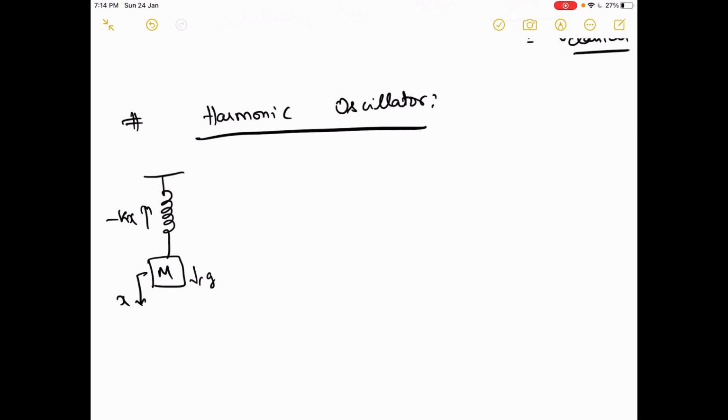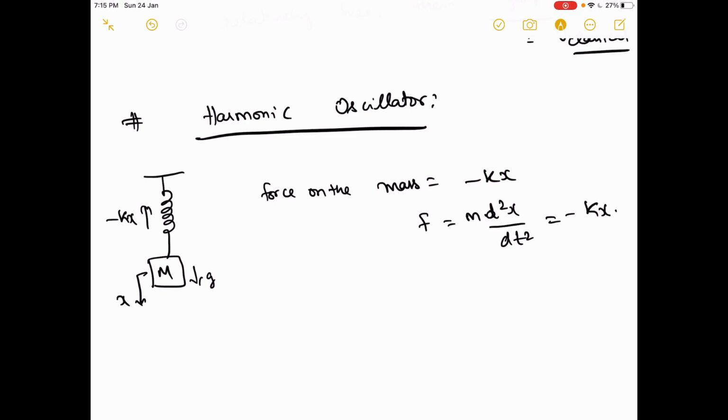So if you have a spring mass system, the total force on the mass is given by minus kx, which is the restoring force, and by the classical equation of motion, F is m d square x by dt square, which should be equal to minus kx, right?